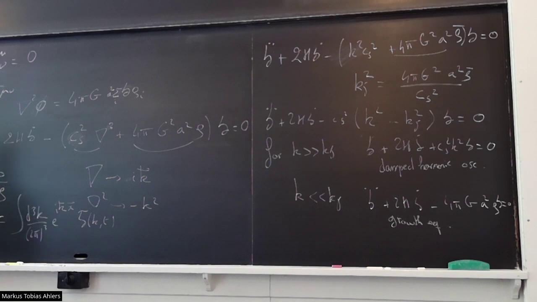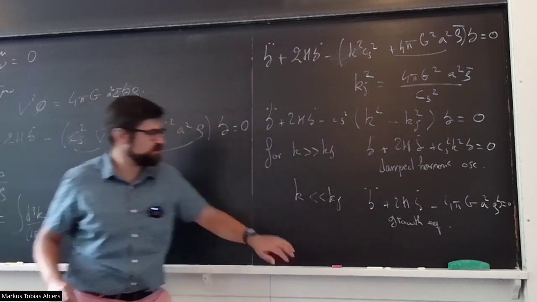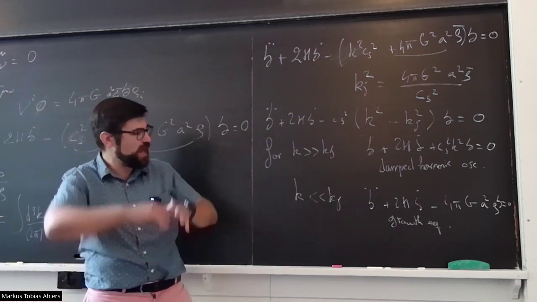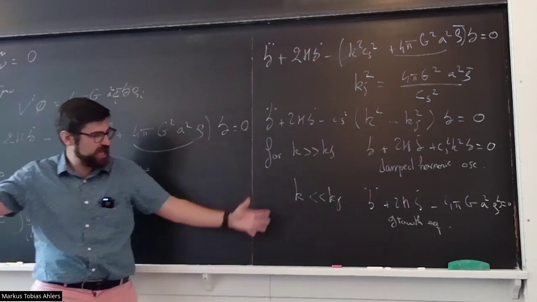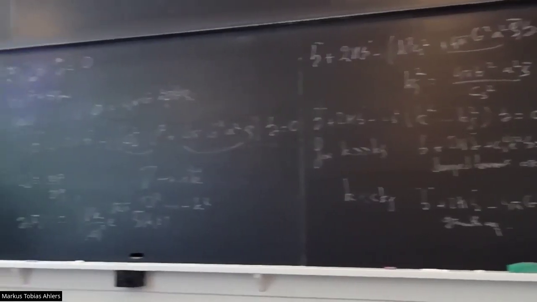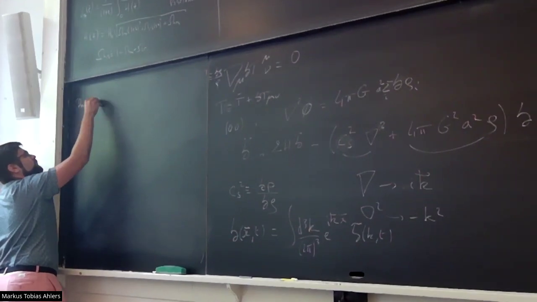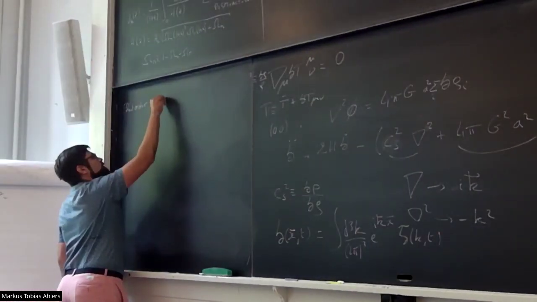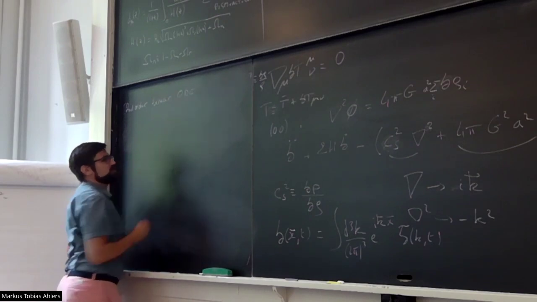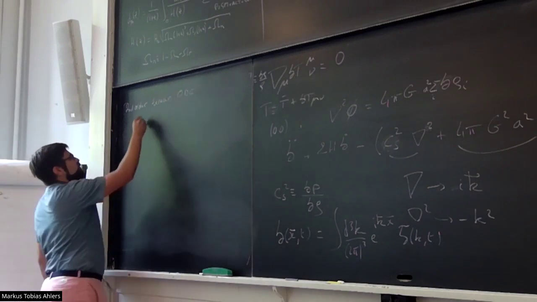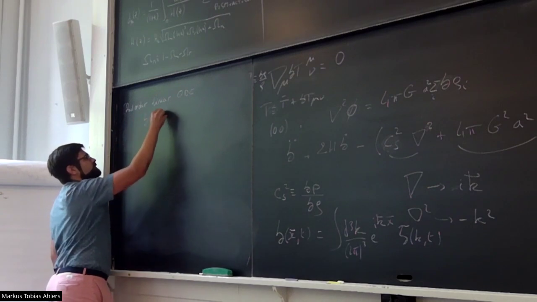So when we solve this equation, yes, I have to erase now. Importantly, let us focus on the limit where k is much smaller than kJ. Small k means large scales. This is a second order linear ordinary differential equation, so the form of the solution is very simple.